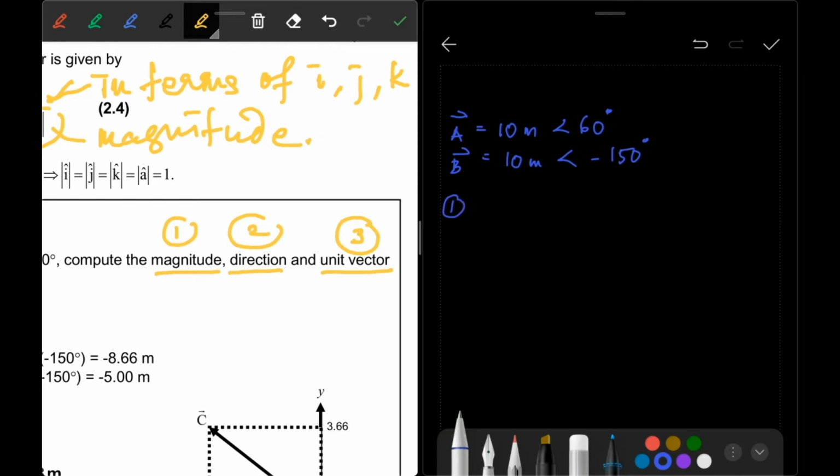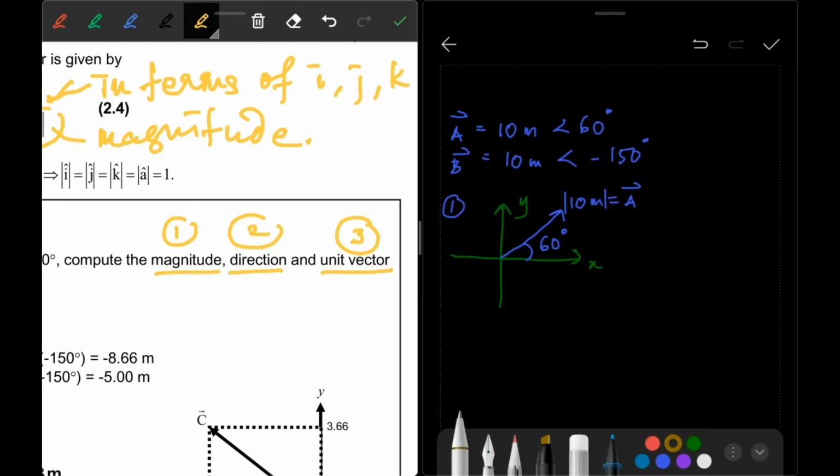The first one is you have to draw the position of the vector in x and y axis. Okay, this is x. Vector A, 10 meter with an angle of 60. This is vector A. And then vector B, 10 meter with an angle of minus 150.